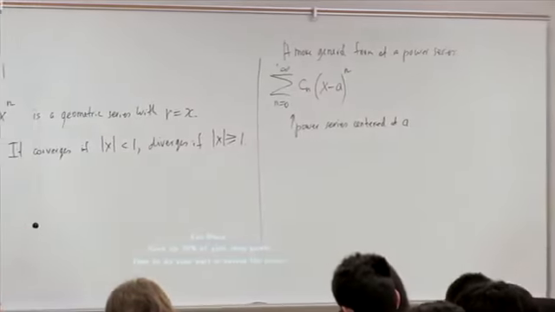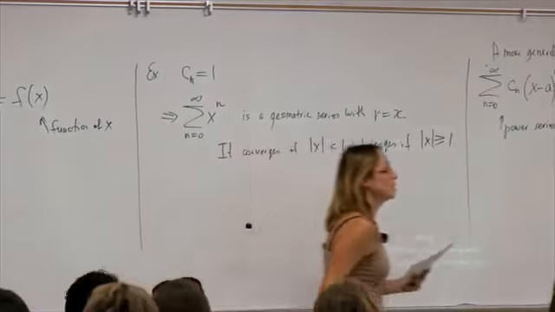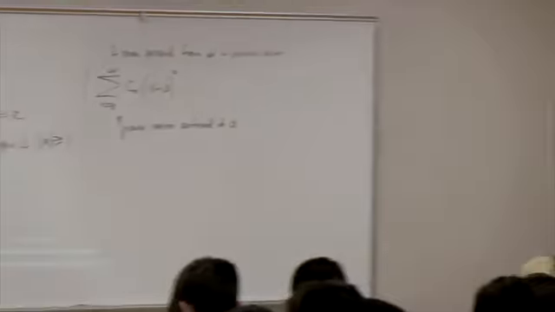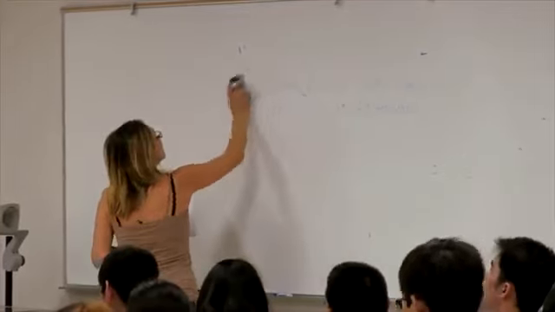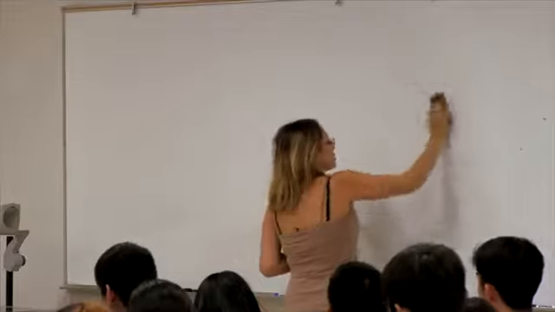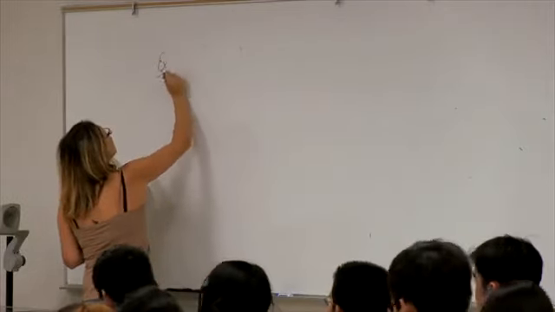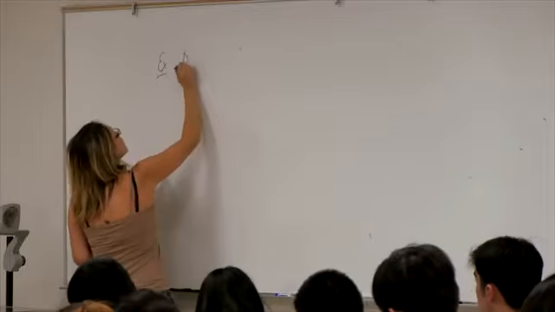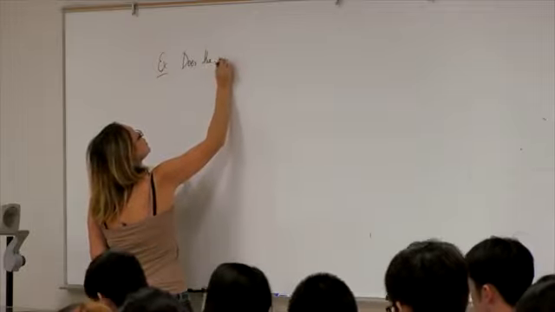Now, the main question that we're going to study today, of course, is the convergence of these guys. And the very important tool is going to be the ratio test. So let's look at the first example.